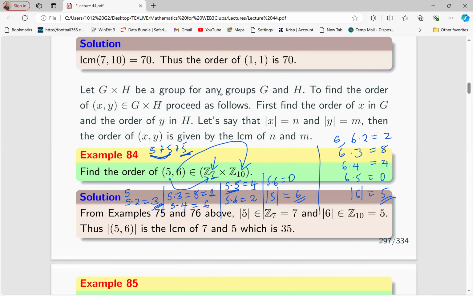Now we have the order of 5 and the order of 6, and therefore the order of the element (5, 6), as we have already said, is the LCM of these two.